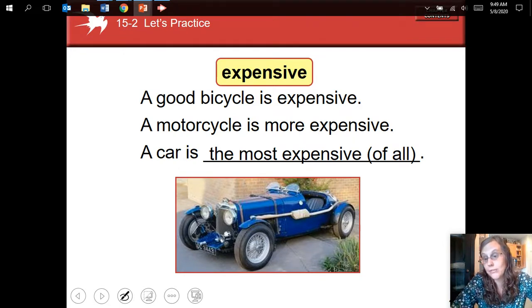You could say of all, but we understand of all. If you say the most expensive, we always understand that that is of all the options, of all the things, because this superlative form, we always know that means it's comparing all the things. Okay, so now it's your turn to do some of the practice.